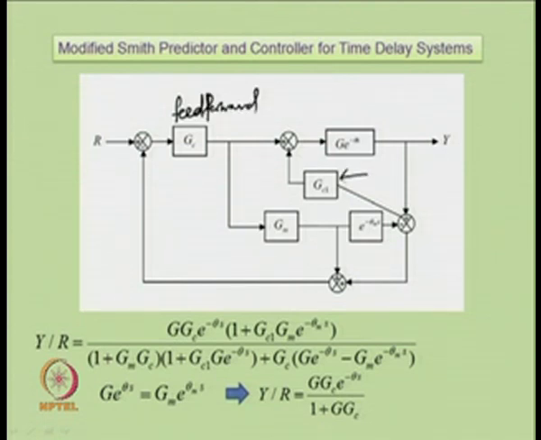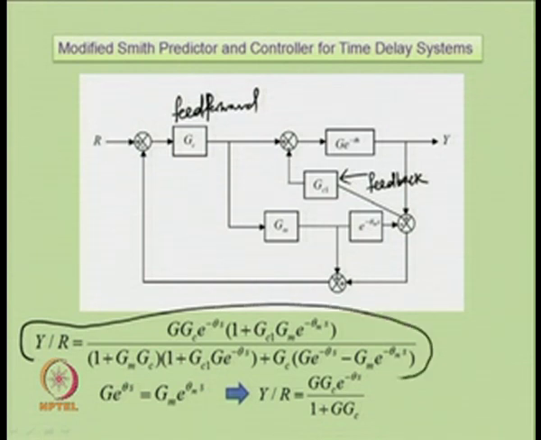We have got a feedback controller G C 1 in the feedback path. It gives a closed loop transfer function with respect to the reference input of this form.